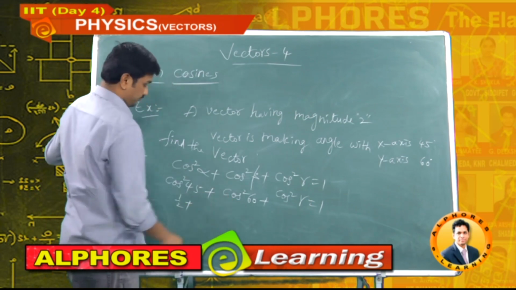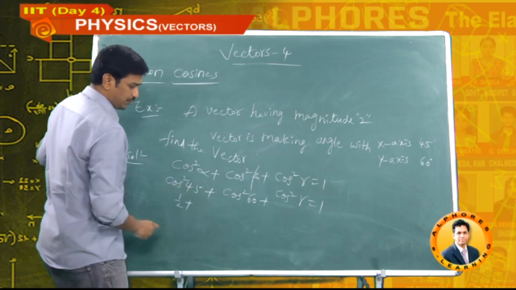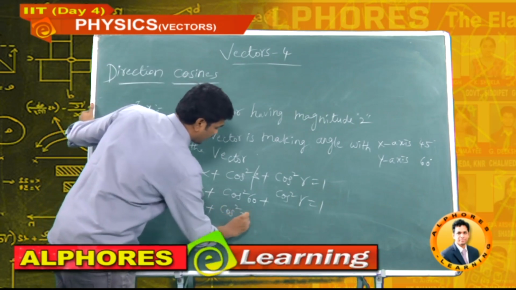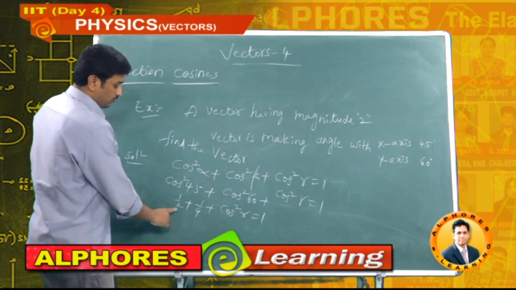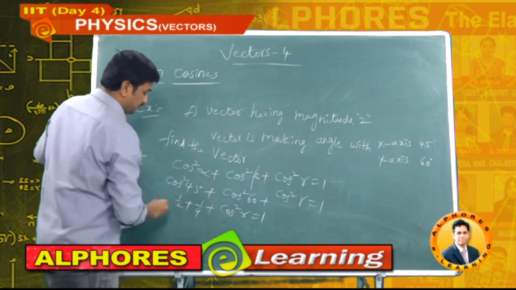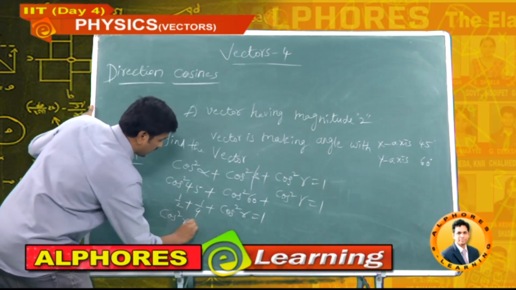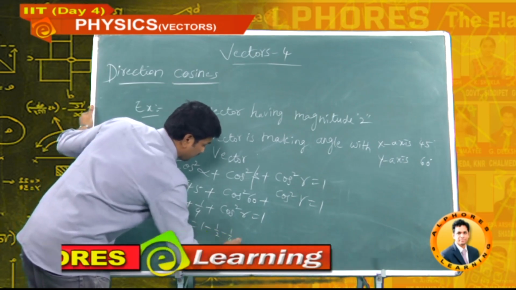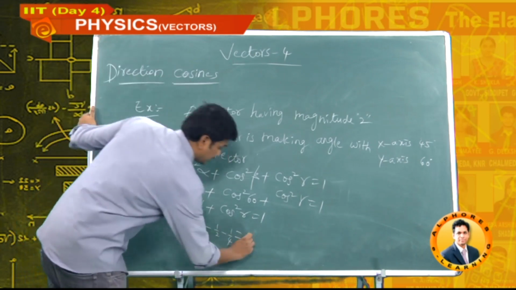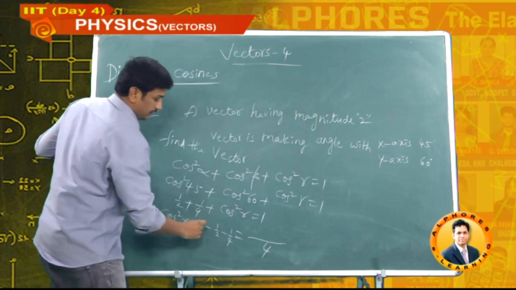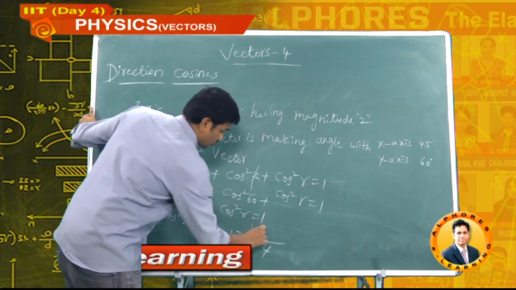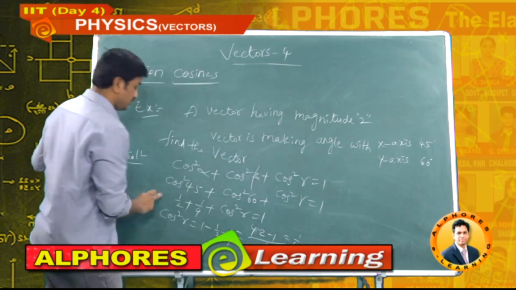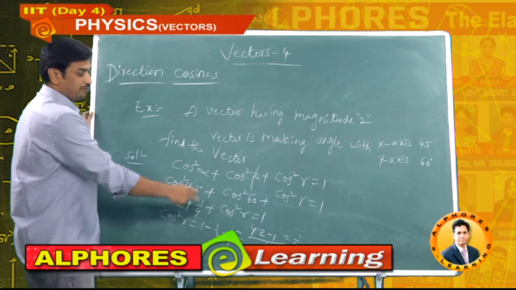Cos 60 value is 1 by 2. 1 by 2 whole square is 1 by 4. Plus cos square gamma is equal to 1. Now cos square gamma is equal to 1 minus 1 by 2 minus 1 by 4. What is the value of this? LCM 4. 4 minus 2 minus 1. So what is the answer now? 1 by 4. Here cos square gamma is 1 by 4.